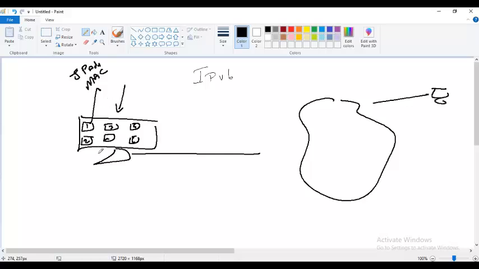So in today's world, because of virtualization, cloud computing, etc., we need many IP addresses on a single device. Not just one IP address like you have today in your laptop.